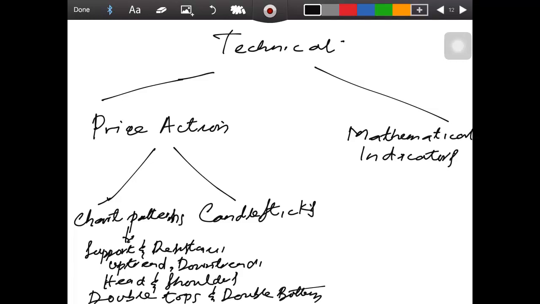These are some of the things we'll be treating. Under candlesticks, we have for example pin bars, we have doji, we have engulfing candles.